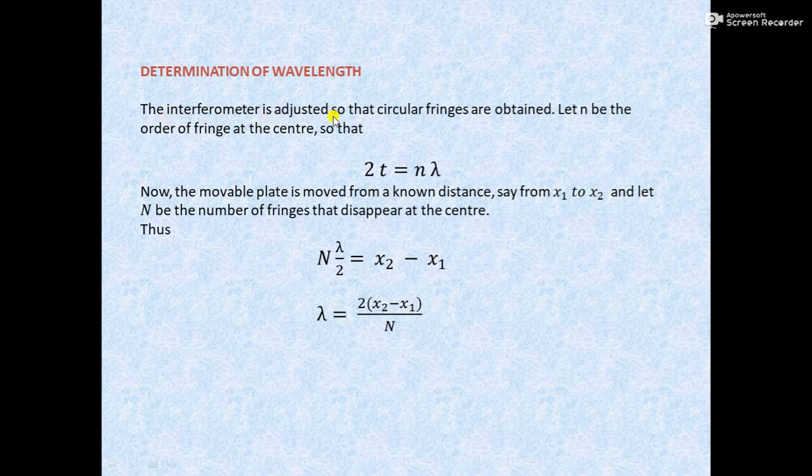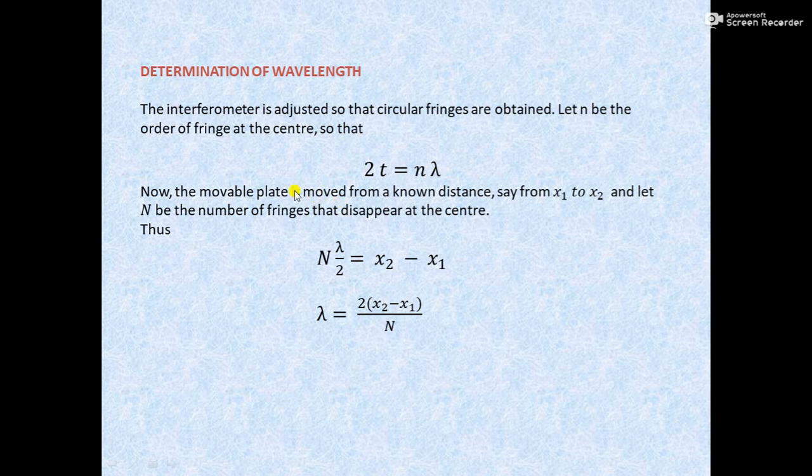The interferometer is adjusted so that the circular fringes are obtained. Let n be the order of fringe at the center, so that 2t = nλ, because at the center we are considering θ = 0. So, the expression becomes 2t = nλ. Now, the movable plate is moved.